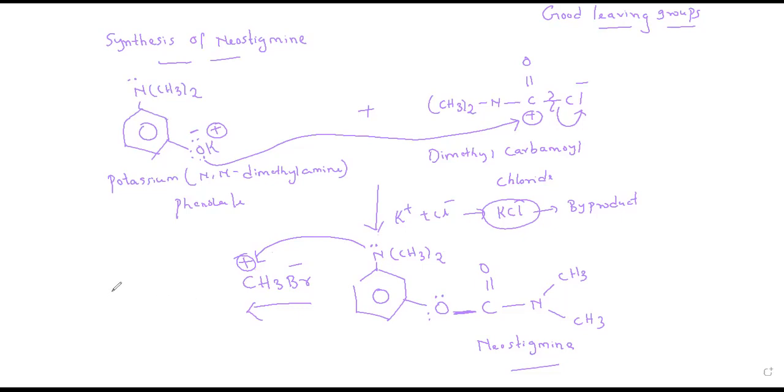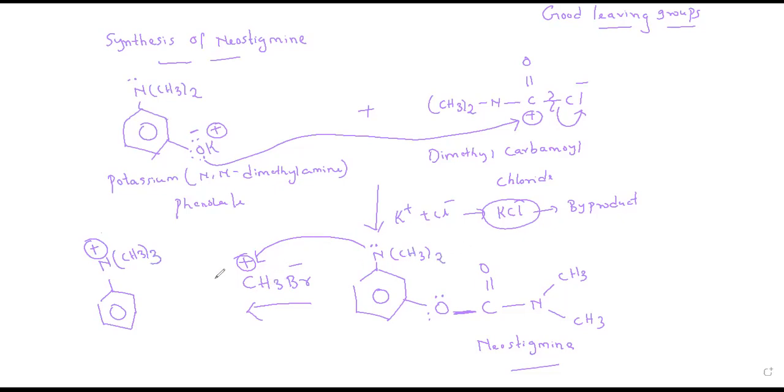Okay, now you can write this structure once again. Here you will get nitrogen, but nitrogen will get electron deficiency. Why? Because nitrogen has donated its own lone pair of electrons for the methyl group. Okay, so here in brackets you can write CH3 taken thrice, because this methyl group also adds here.